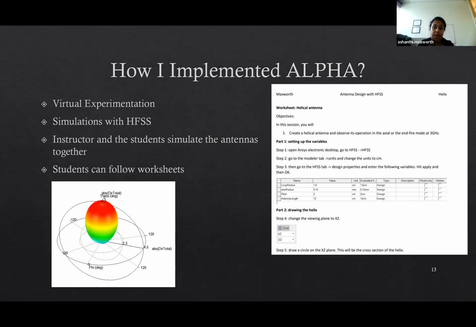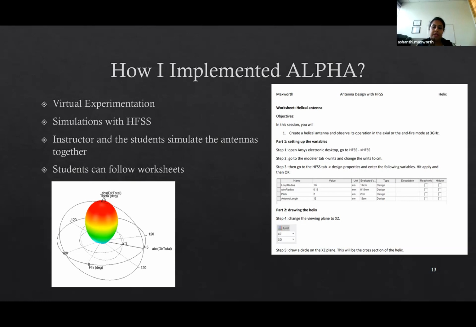But at some point, if the pace is different or they miss a step, they need something to go back to and fix that. So I prepared these worksheets. Altogether, I have 10 worksheets prepared for this course, and all of them have step-by-step guidelines. They enjoyed these guidelines because they can follow along in case they miss a step.